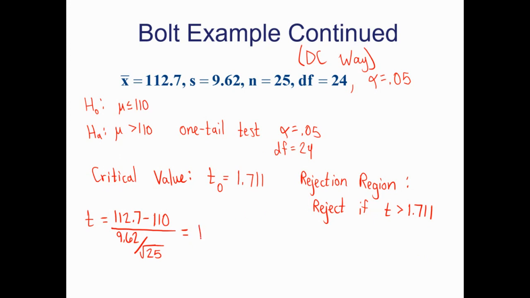Okay. So how does our T compare to our rejection region? Is T in the region? No. So we're not in the region, which means we do what? We fail to reject.